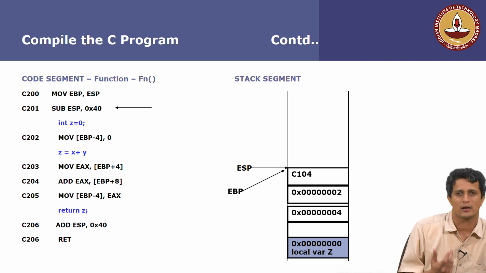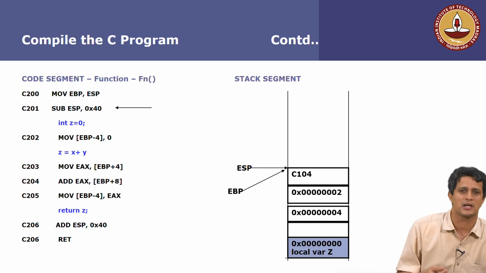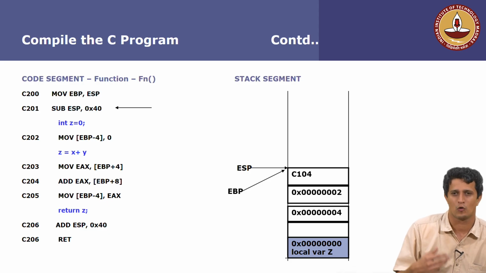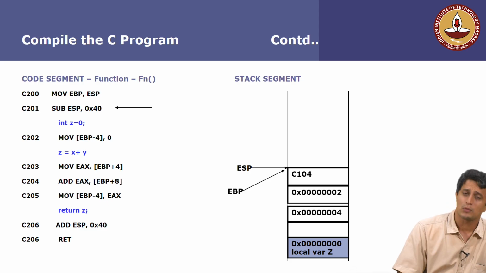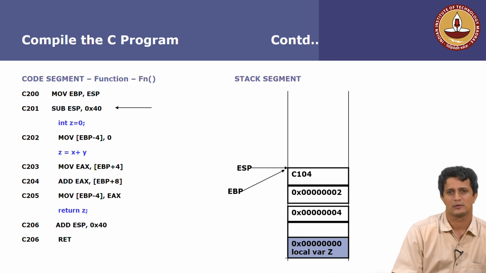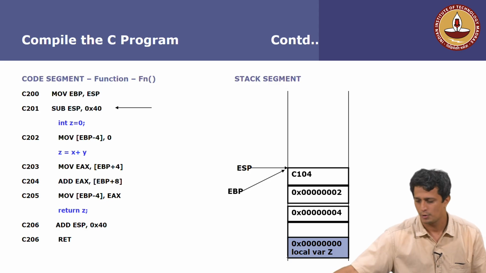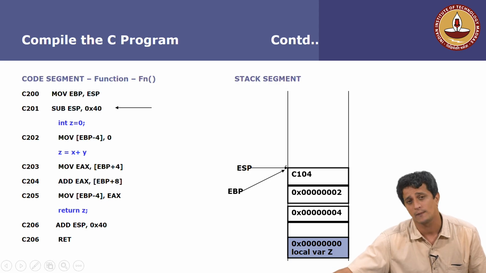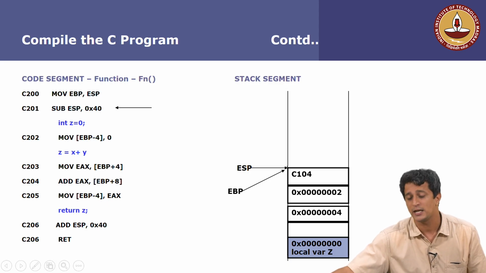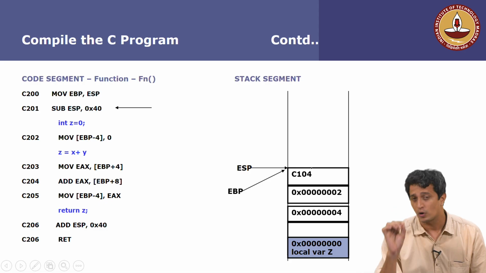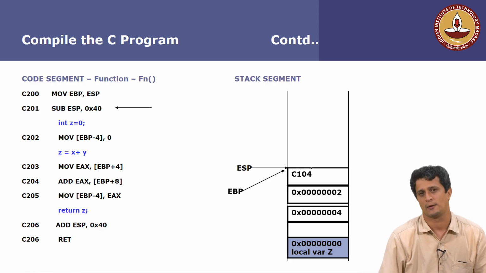So I earlier alluded to the fact that local variables are accessed as EBP minus 4 and so on. But what would happen if I just did a push or a call somewhere here? Because my ESP is pointing here, if I now did a push, it would overwrite my local variable space that is meant for the local variables of the function Fn.